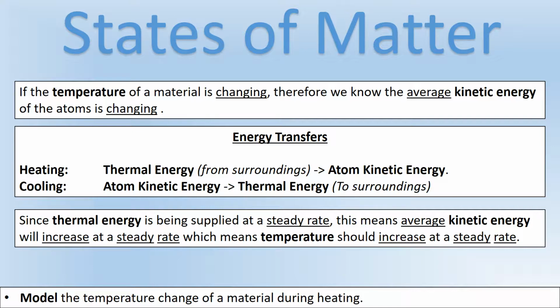So if we're supplying thermal energy at a steady rate, using conservation of energy, that means the average kinetic energy should increase at a steady rate also, which, based on the relationship we've just seen, means temperature should increase at a steady rate as well.